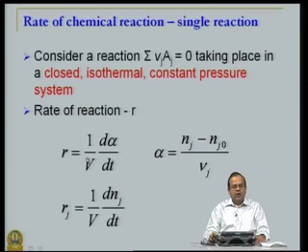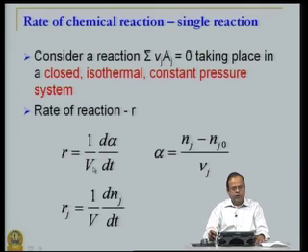I mentioned in my last class that if you are dealing with homogeneous reactions, this V is the volume of the reacting mixture, but if you are dealing with heterogeneous reactions which involve more than one phase, the normalization could be done in several different ways.